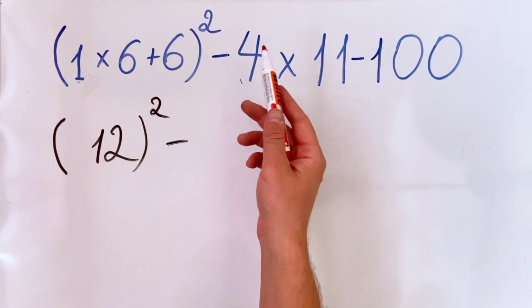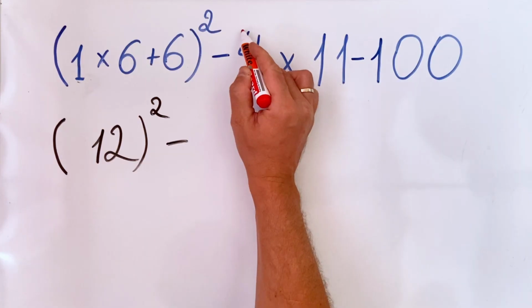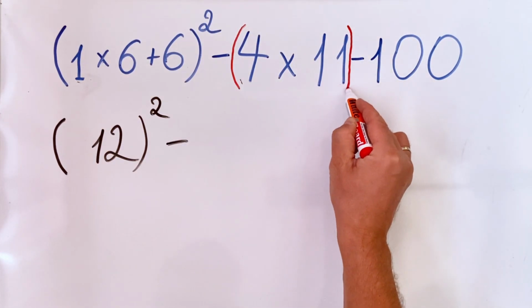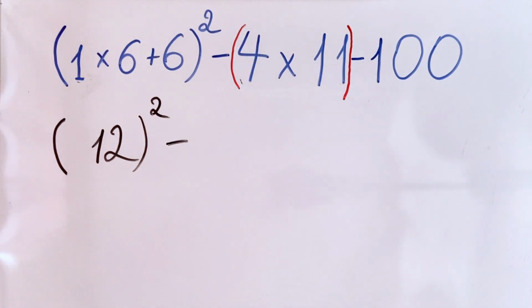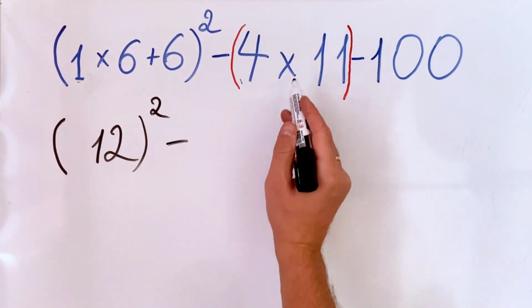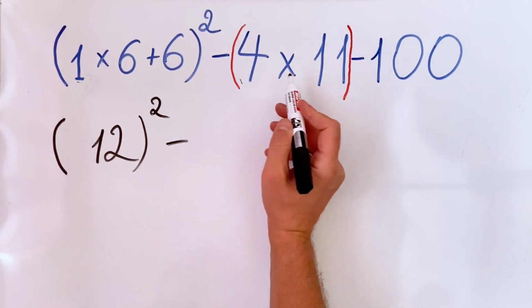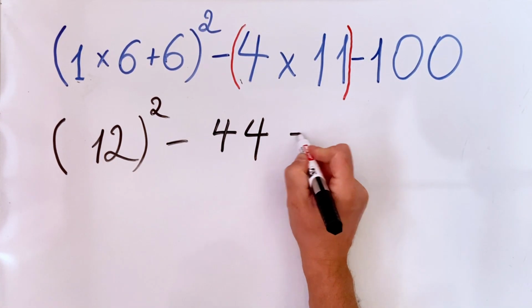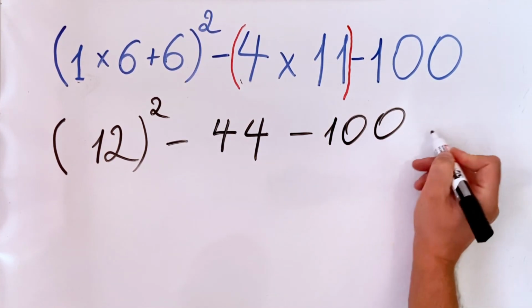To help you better visualize the order of operations, I advise you always to use brackets in this type of equation. So in this case, we need to tackle the multiplication. What we have is 4 multiplied by 11, which is 44. And of course, in the end, we have minus 100.